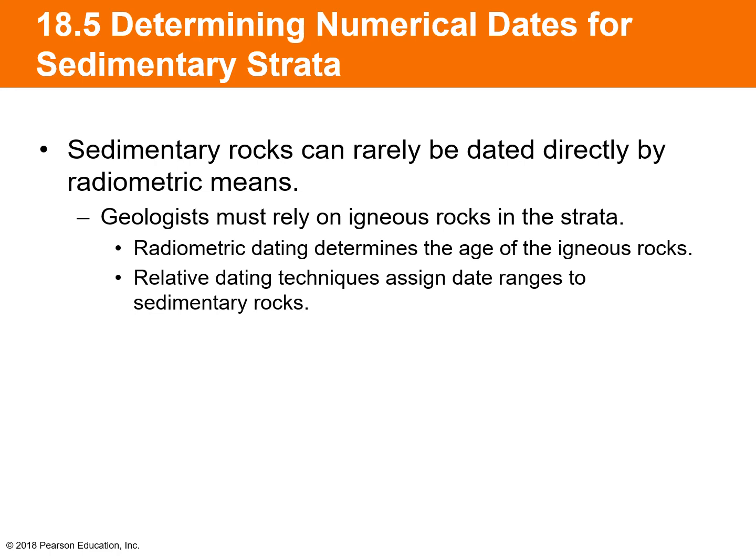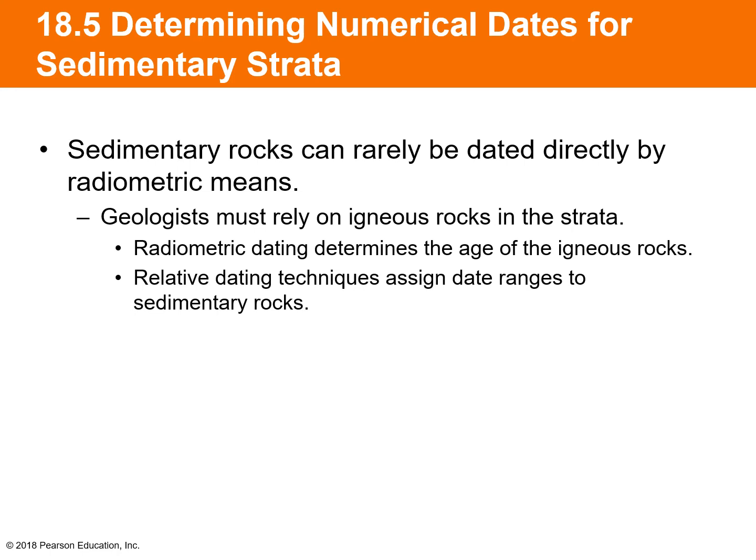Now, another limitation of numerical dating is a limitation on sedimentary rocks. You may or may not have thought of this yet, but sedimentary rocks can rarely be dated by radiometric means. This is because sedimentary rocks are really just a bunch of pieces of sediment that have been eroded from other rocks that are then lithified into a new sedimentary rock. Therefore, if you're dating a sedimentary rock, what you're actually doing is dating the age of the particles within it, which may vary in age because they may come from different places.